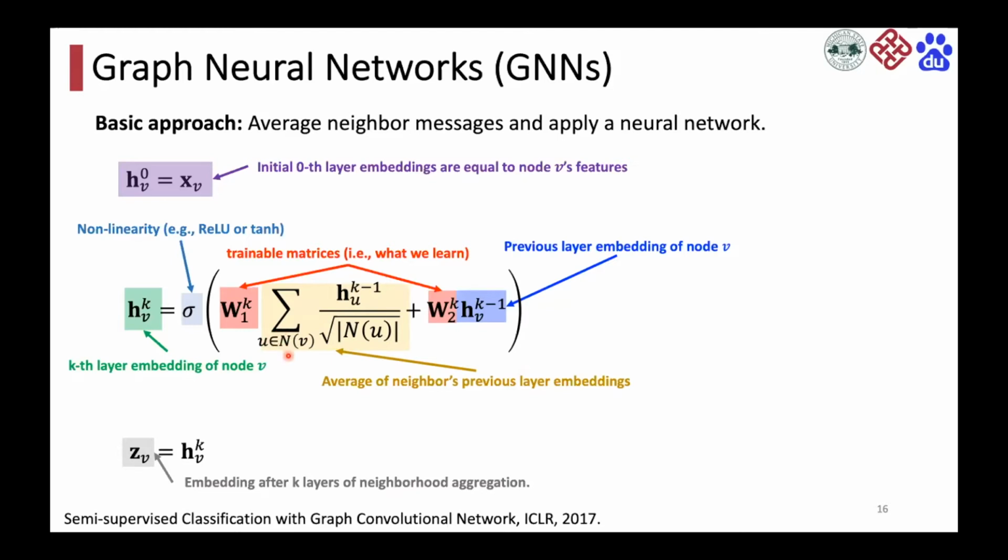Essentially, this is the node v, we check who are the neighbors of v at layer k, and then we take their messages and average them together. Note that we have two weight parameter matrices here. We combine this message from the neighbors with the message from the node itself from the previous layer. So this is what happens here.